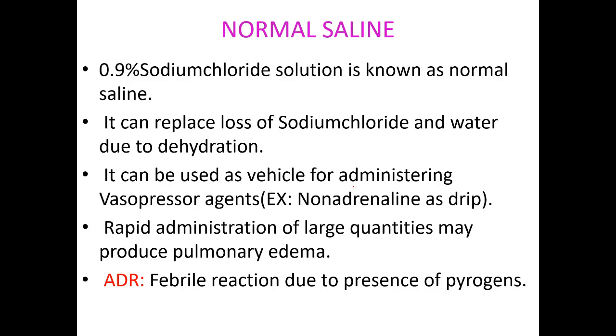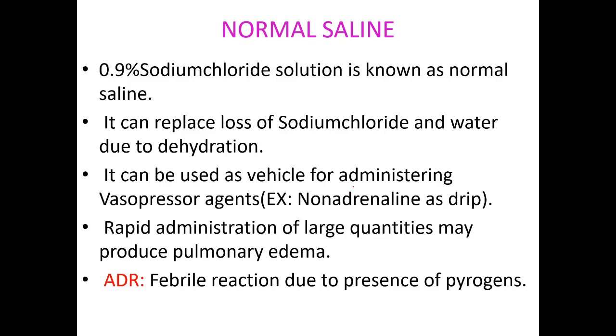So why will we take this normal saline? When we have any dehydration, this normal saline will be used to replace the lost fluid and electrolytes, and it can be used as a vehicle for administration of vasopressor agents. If we are taking this normal saline very frequently, then it will cause edema.